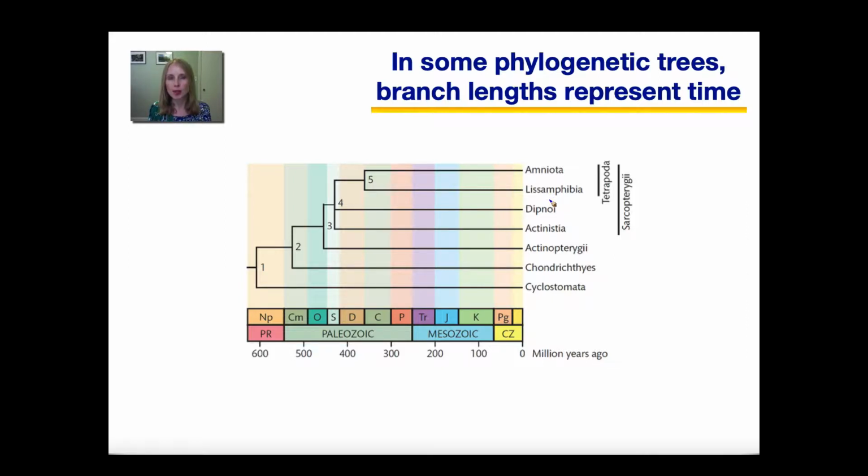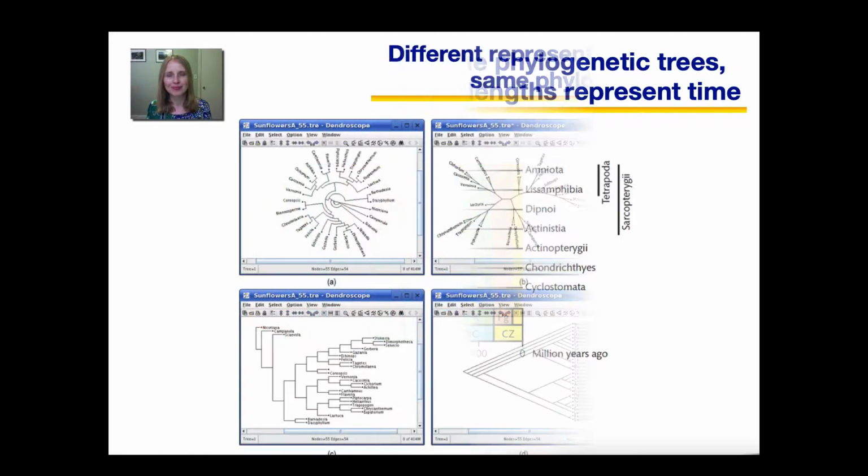When did they split off from a common ancestor? The way you would do that is you would trace them back to when they last shared a common ancestor, and then go down to the x-axis, which represents the time, and read that time off the axis.